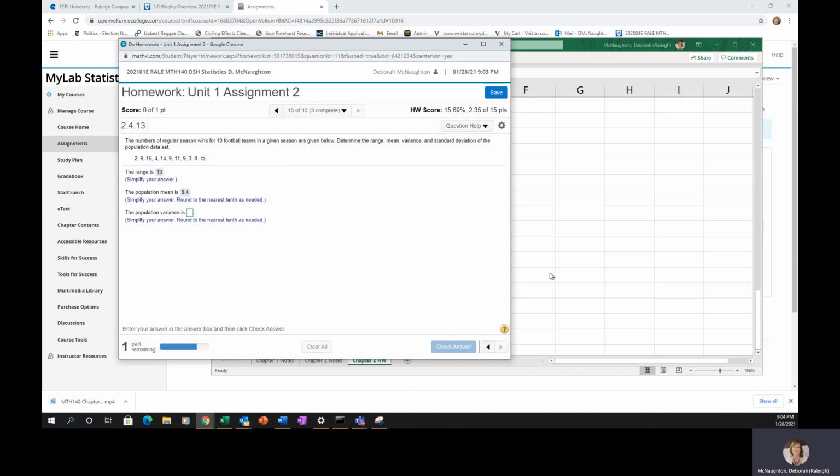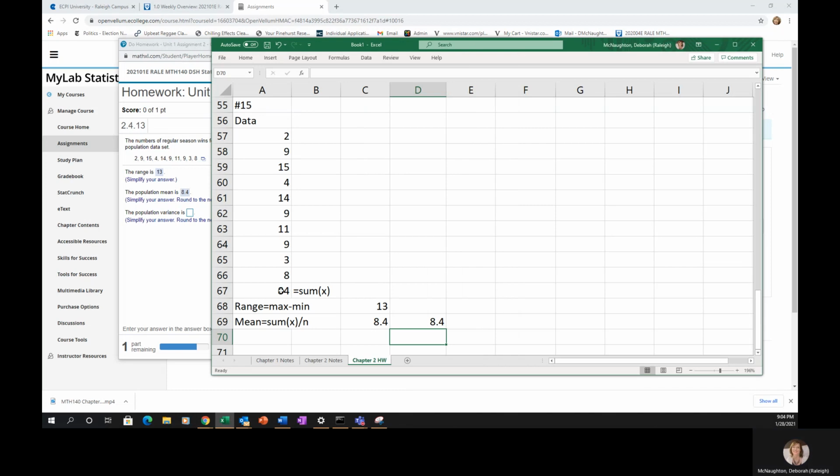Okay, and then I can do, now that I have the mean, to calculate the variance, so my data, these are x. Okay, so I can do x minus mu. So that's x minus mean, and I need to anchor this.